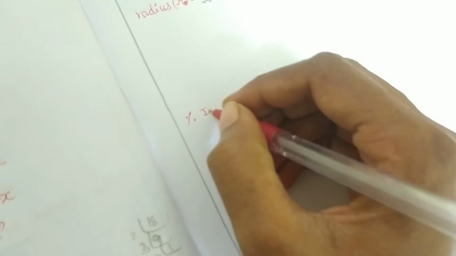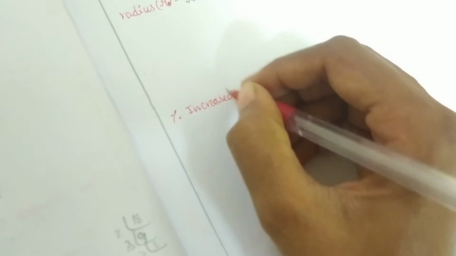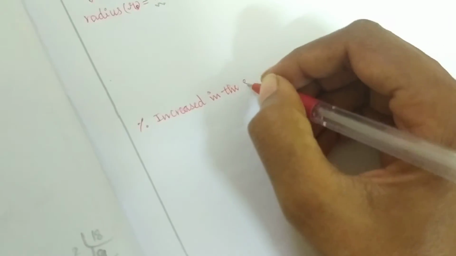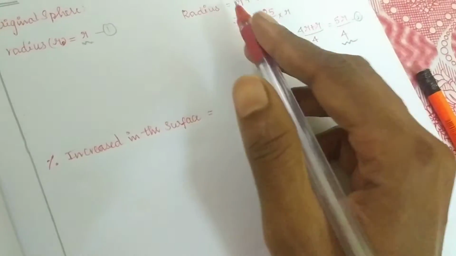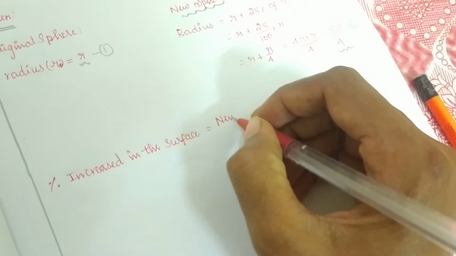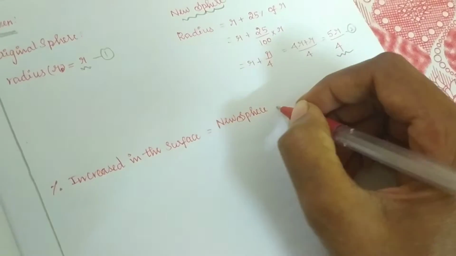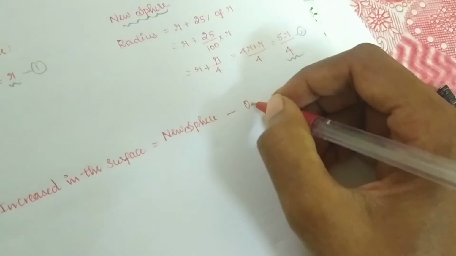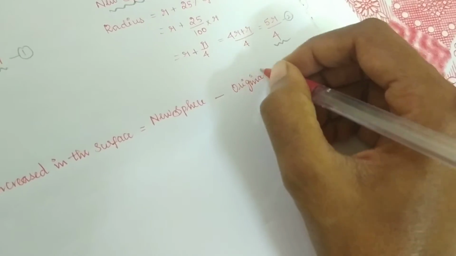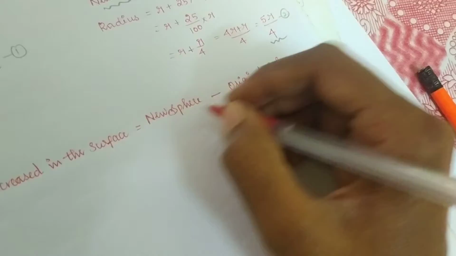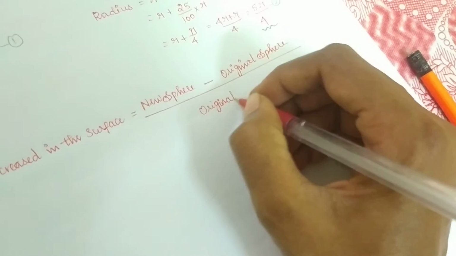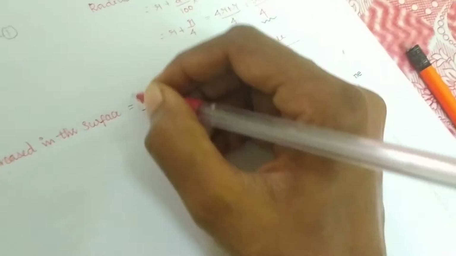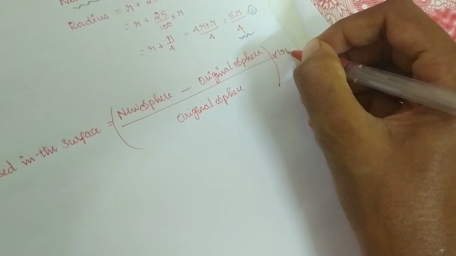So percentage increase in the surface area equals new sphere minus original sphere, by original sphere, into 100.